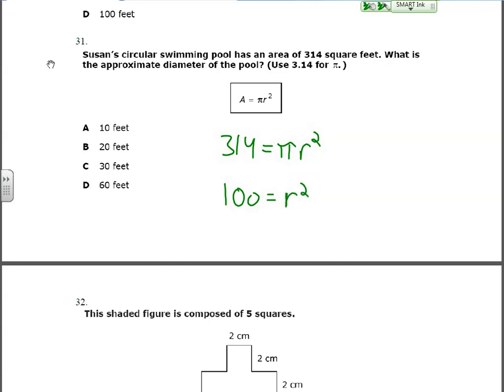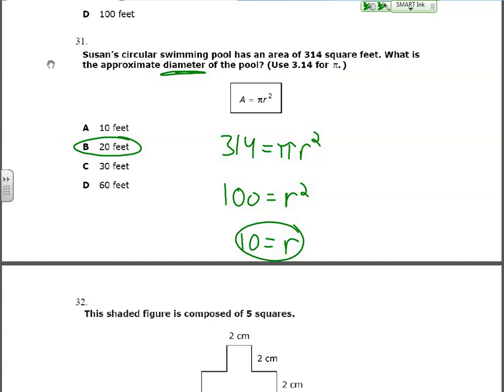Then you take the square root of both sides. So 10 equals r, and that's just half of the diameter, because that's the radius. This is where I would have made the mistake too if I wrote this test. 10 is an answer here because you need to make sure that you understand what you're solving for. We solved for the radius. It wants the diameter, so the radius being 10, the diameter is going to double that.